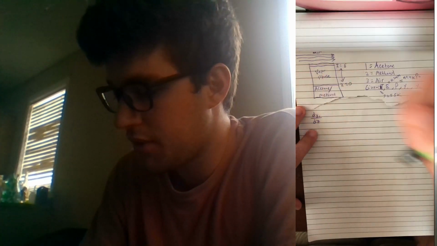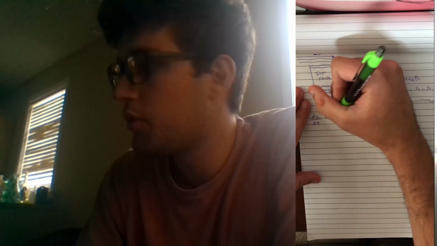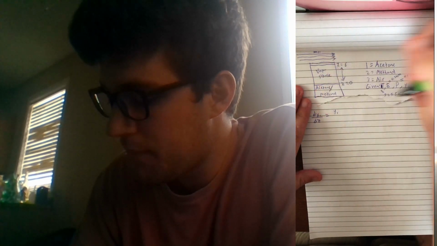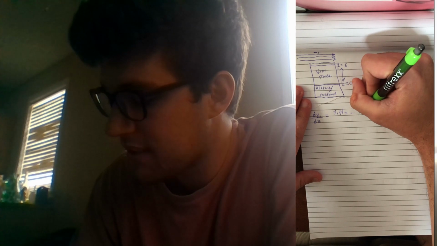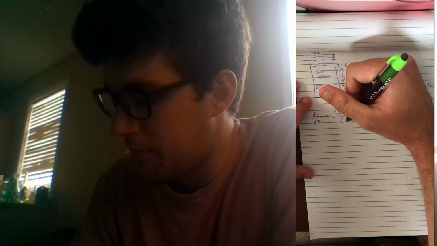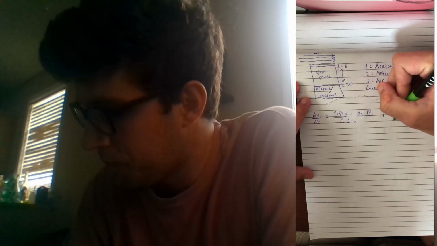By definition in our book, this is equal to the mole fraction of acetone multiplied by the molar flux of methanol, subtracted by the mole fraction of methanol multiplied by the molar flux of acetone. This is all divided by the total concentration of this mixture multiplied by the Stefan-Maxwell diffusion coefficient of acetone and methanol.